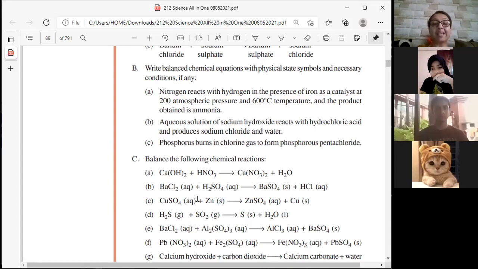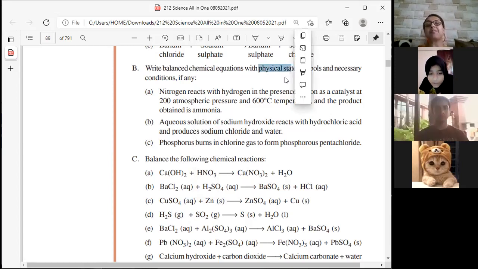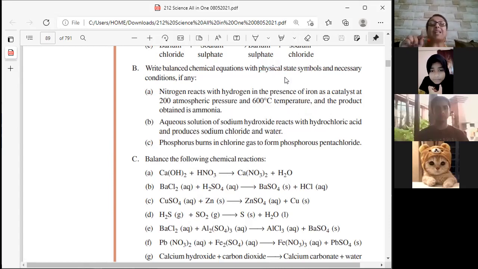L is liquid. Okay. Can I say that whatever is written in the bracket is the physical state of that particular element? Yes, ma'am. So when they are asking me to write a balanced chemical equation with physical state symbol, that means in the bracket I also have to write their physical state.